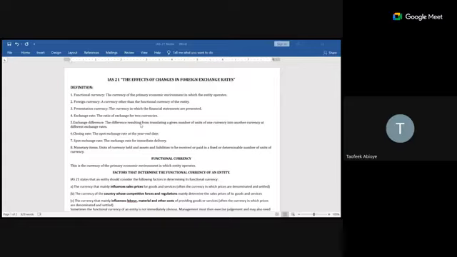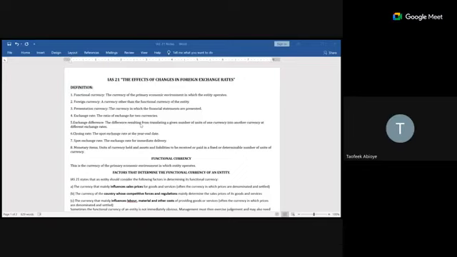That means as a Nigerian company, your financial statements must be in naira. When you are a UK company, your financial statements will be in pounds. That is one of the most important characteristics of a financial statement.